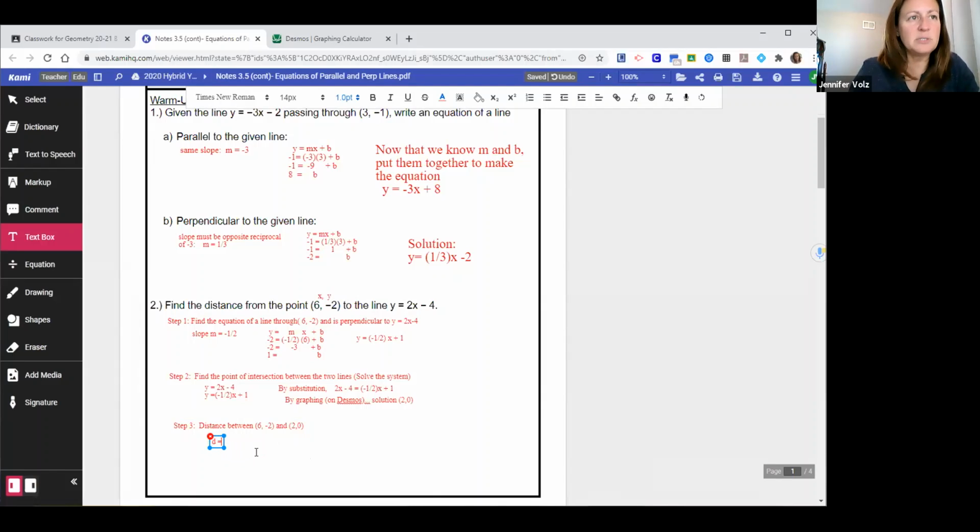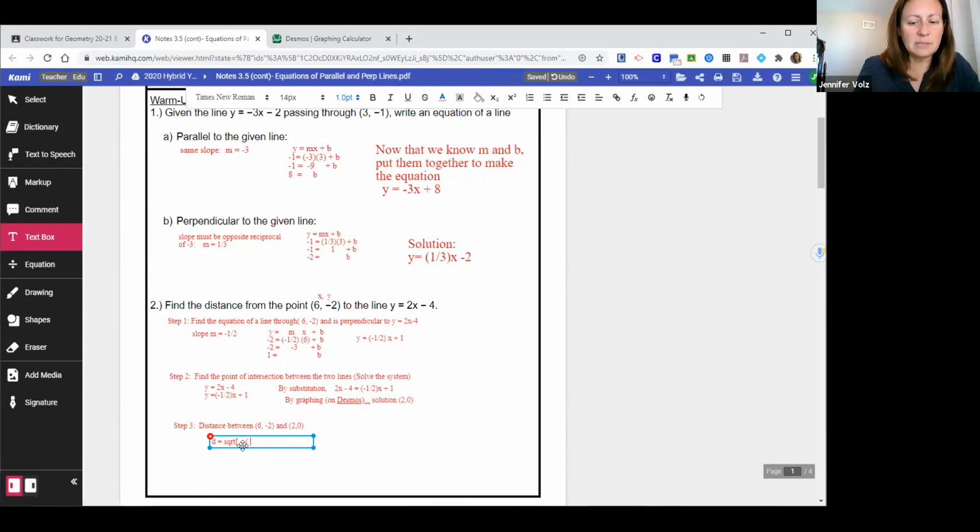So the distance between these 2 points is going to be big old square root. A V could serve as the beginning of it, or you could just say SQRT and then in parentheses everything else. Okay, that's another way to do it. I'm going to put everything else in brackets because I'm going to have parentheses inside that square root also. Basically, it's y2 minus y1 squared plus x2 minus x1 squared.